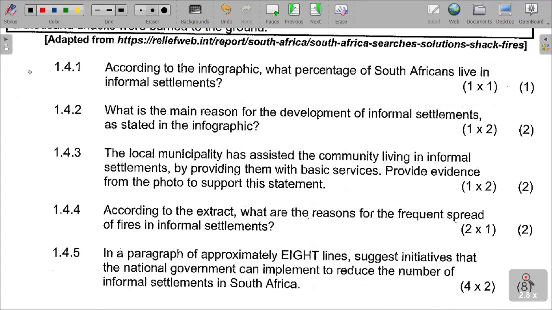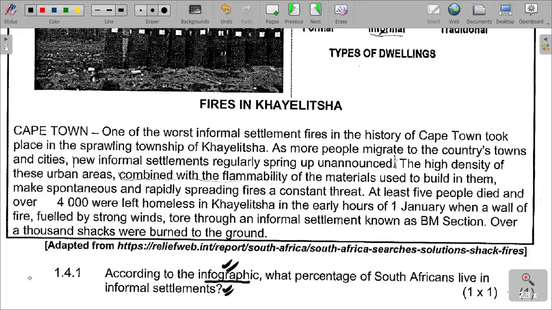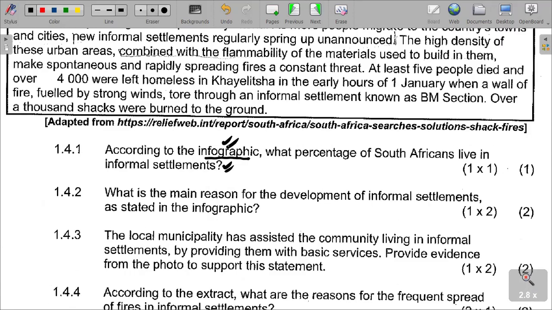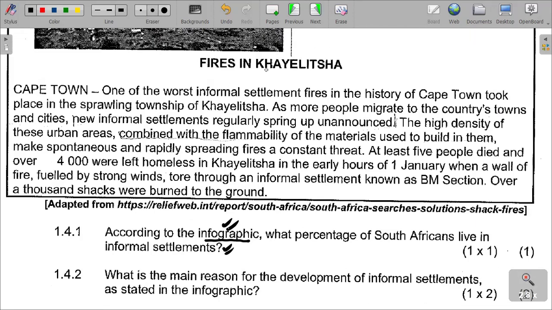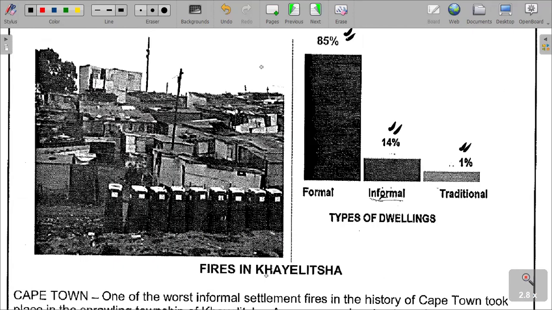According to the infographic, what percentage of South Africans live in informal settlements? Listen class, according to the infographic, we are saying the information that we are asked for must come from what we are given here.